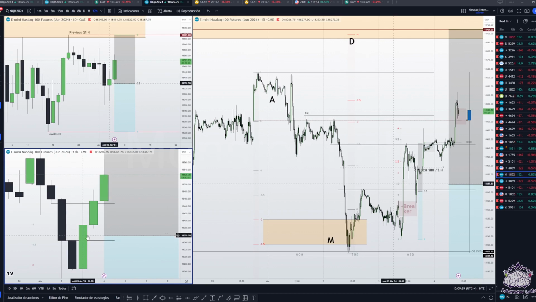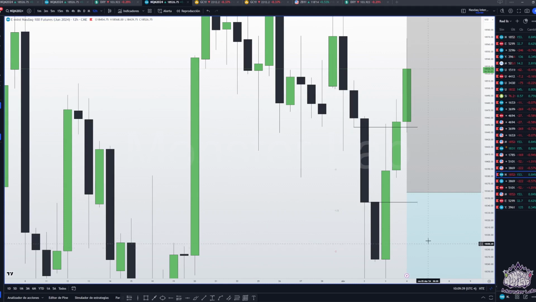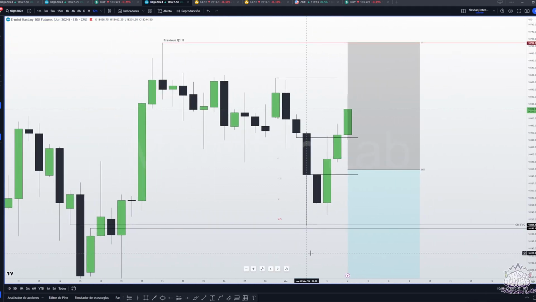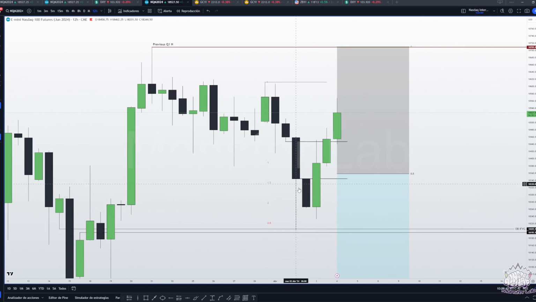This CB, these two black lines here and the midpoint. Okay, these two black lines are the level. Because if you are looking for bullish moves, you will expect this CB to close above with the body of the candle, this CB.